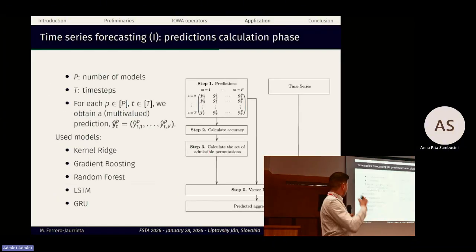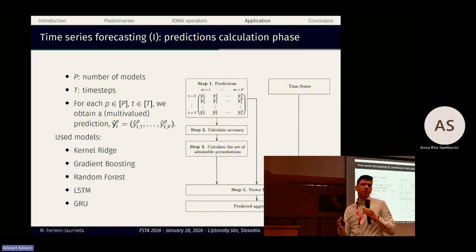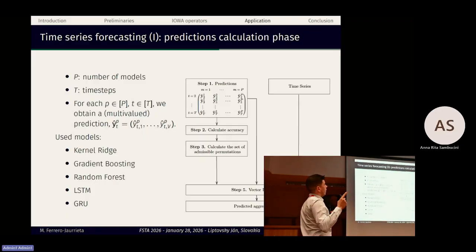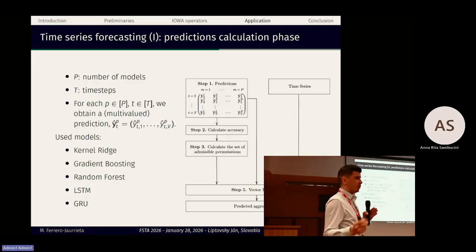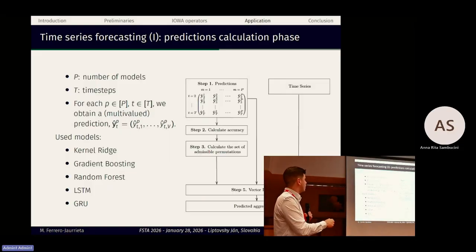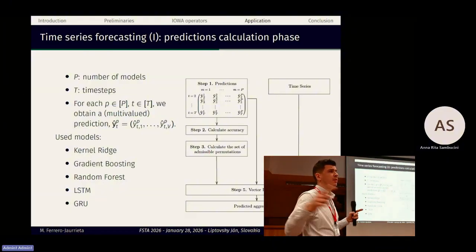As I have said before, we are going to apply this kind of multi-valued induced operators in order to fuse multi-valued time series predictions that come from a different number of models. In this case, we take into account P as the number of models and T as the number of time steps in the time series.